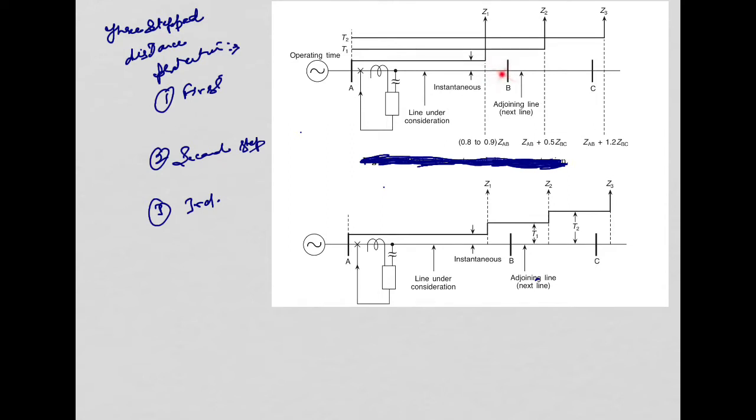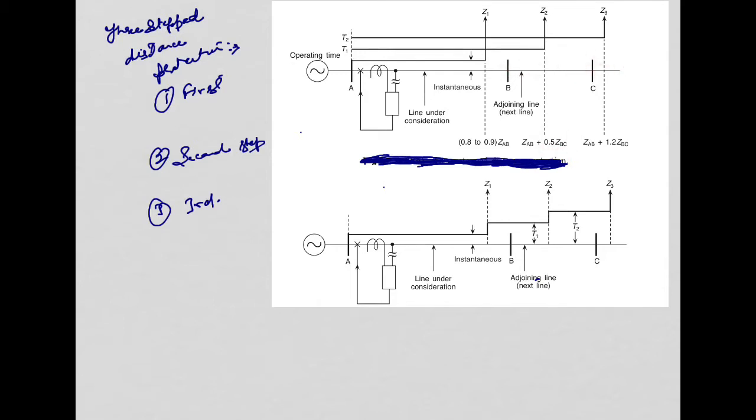In addition to it, it is set to cover about 50% of the next line section. This next line section is BC. So it will cover 50% of the next line section: as we have seen, 0.8 to 0.9 ZAB up to that, then ZAB plus 0.5 ZBC.